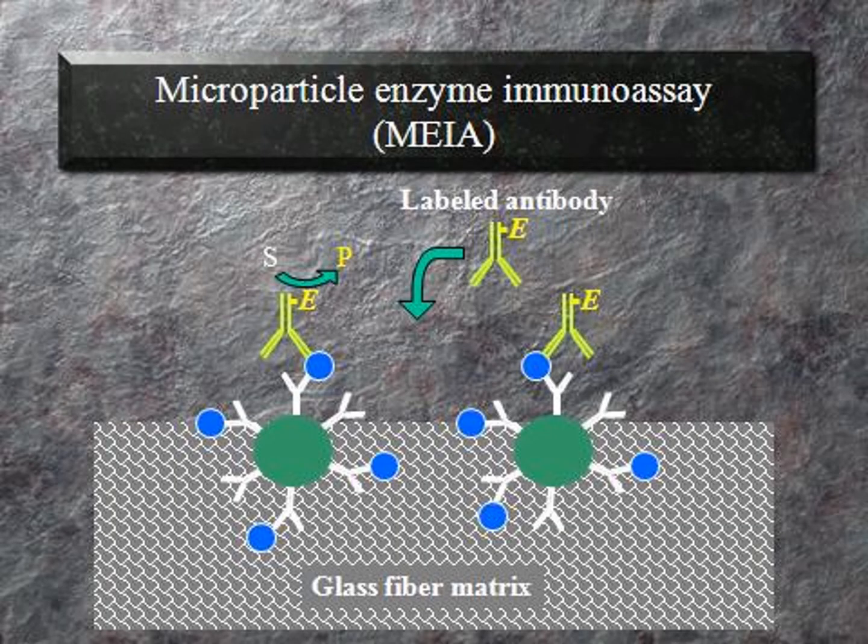So in this slide, we can see the so-called microparticle enzyme immunoassay, or simply EIA. We have here a solid phase, which is a glass fiber matrix. Solid phase is something where the antibody or the antigen is attached. In this case, there are two antibodies here.